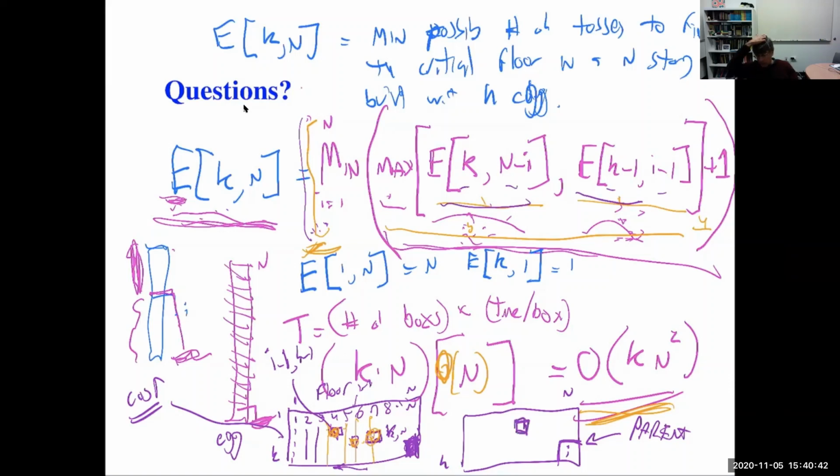If it did go splat, this would be k minus 1, i minus 1. And maybe in this cell, it'll tell me the next place to toss my egg, which might have been at floor 5.